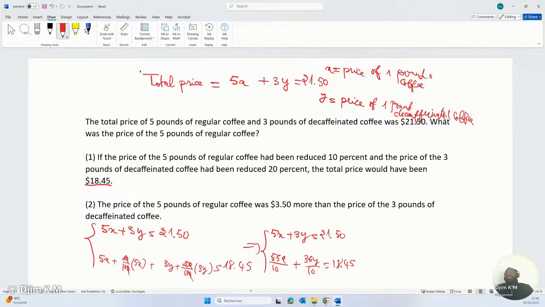So definitely it's going to give us a system of equations where we have two unknown values, and we can do the necessary in order to find the value of x and the value of y. Okay, so because we are looking for the price of the £5, the first condition here, in my opinion, is sufficient.